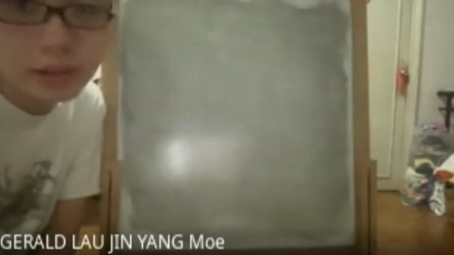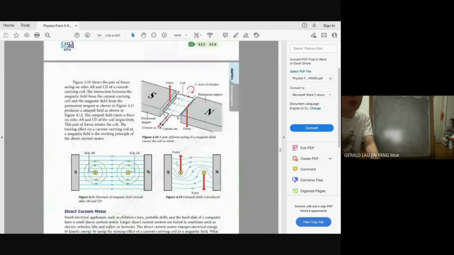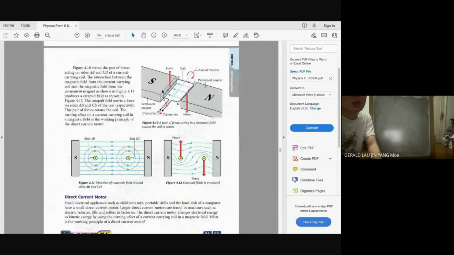Figure 4.7. Basically there's a coil. This is a conductor, a wire, and then they coil it to form a big rectangle. So this is where the fun part is. You see the coil, you have your north pole and your south pole magnet. Your current, this will be the coil.